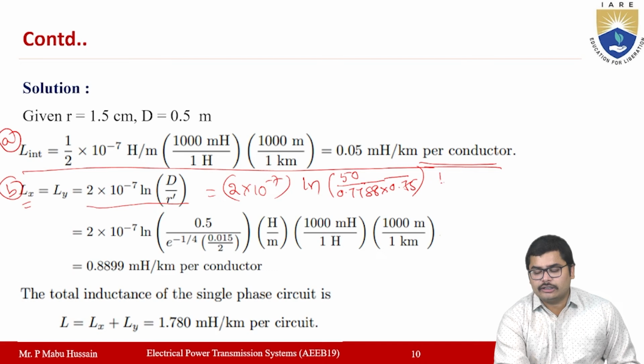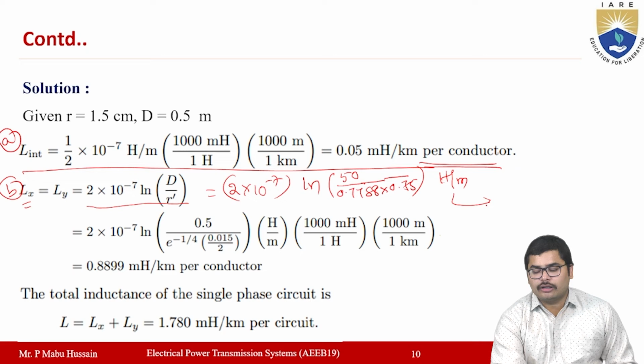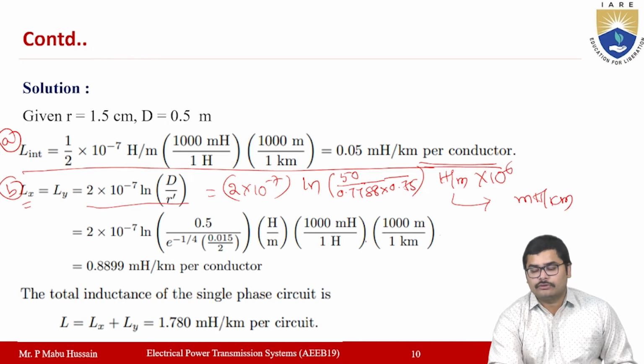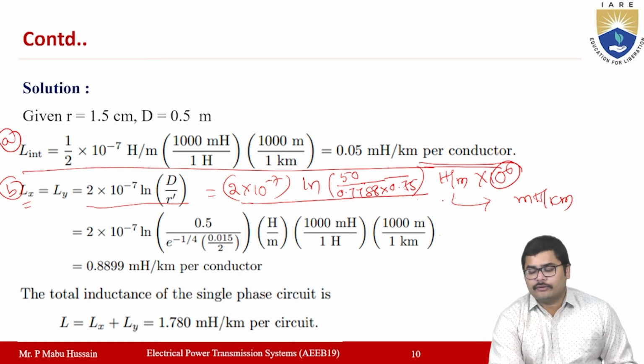If you calculate the total value, you will get henries per meter. You can convert this into millihenries per kilometer by multiplying this total value by 10 power 6.